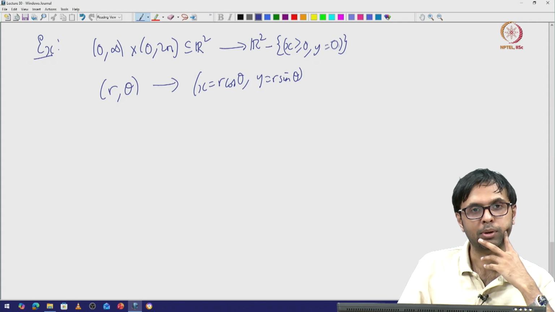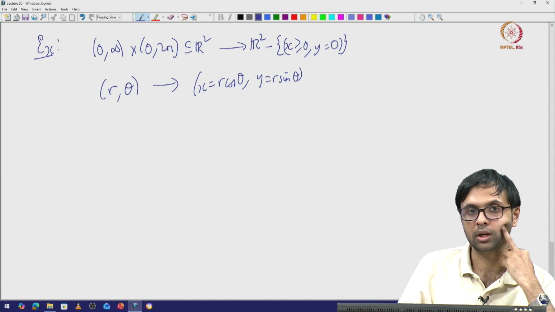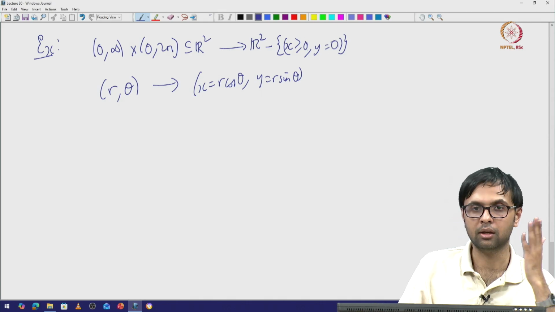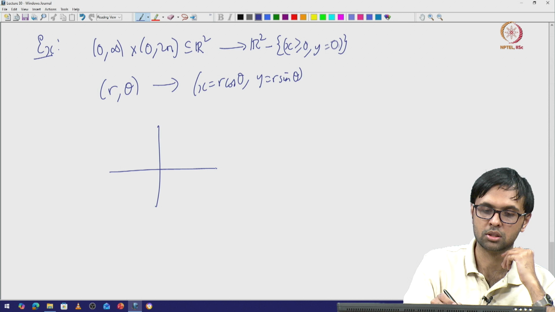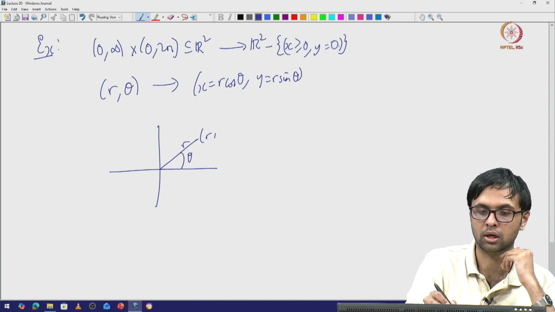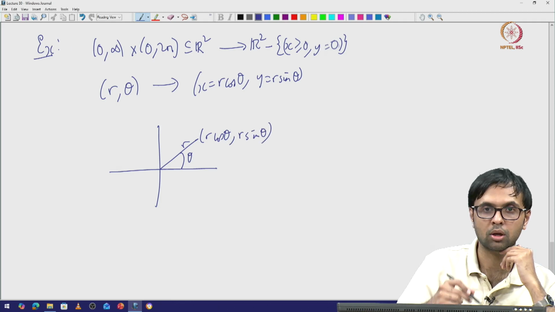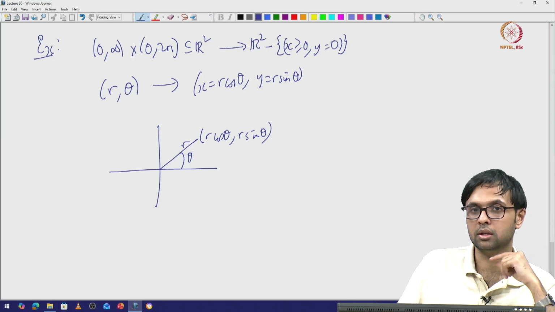So, you have a map r comma theta, where r is positive, between 0 and infinity, and theta is the angle. This is the picture of polar coordinates, this is r and this is theta. So, this is r cos theta and this is r sin theta, and theta ranges between 0 and 2 pi, but I am not including either 0 or 2 pi, it is an open set.